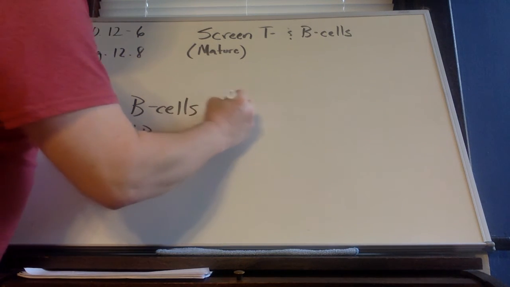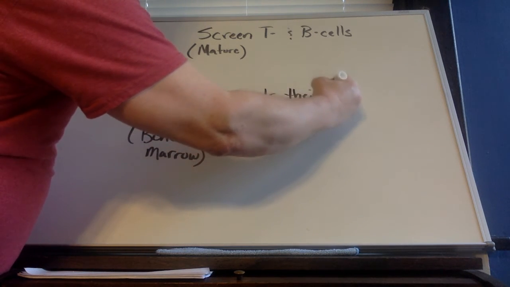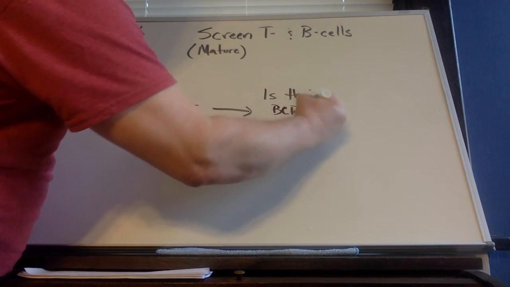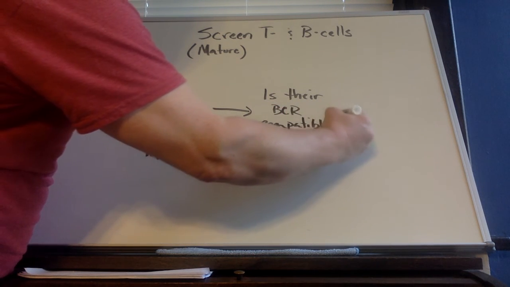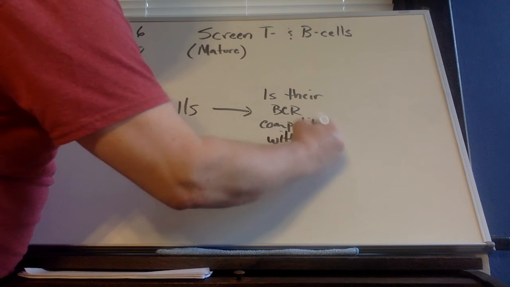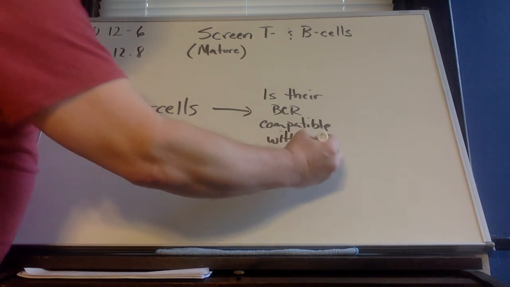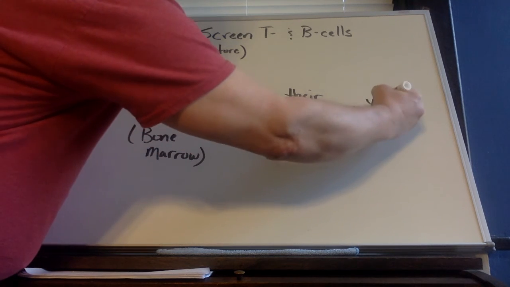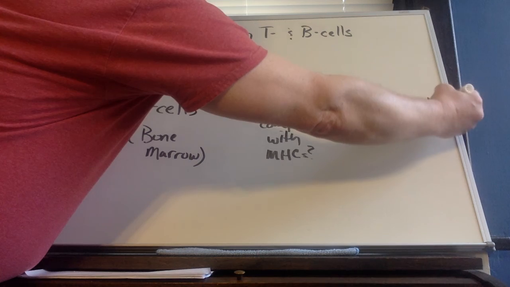Their one and only question is: is their BCR compatible with MHCs? If they are, then they will be asked to undergo apoptosis.